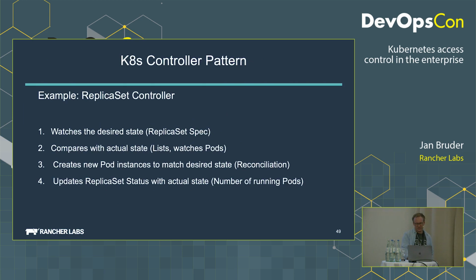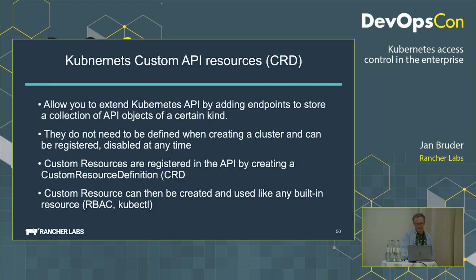And the second approach that we took to manage this is making use of Kubernetes custom API resources. This is the way you can extend the Kubernetes API for your own purposes. It allows you to create new types in the Kubernetes API.